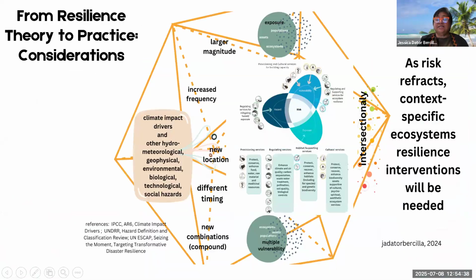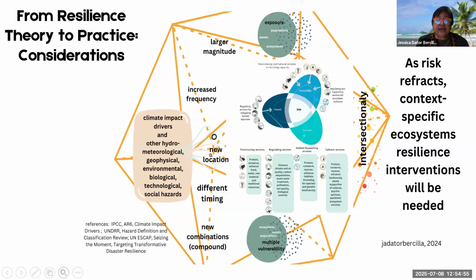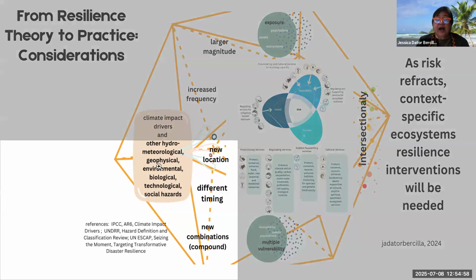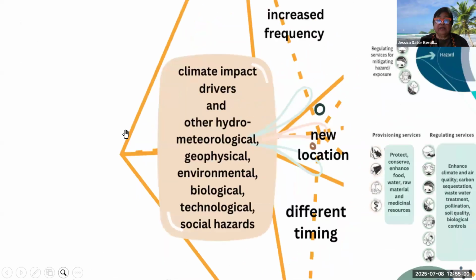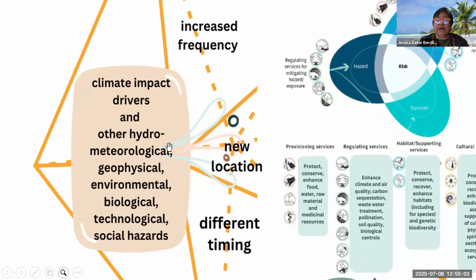And I think this is my final slide. Just some considerations, particularly for cities who are now facing the challenges of climate and disaster risks. The scientific community already says, and this is from the IPCC AR6 report, that we have major climate impact drivers that are compounded, that interact with hydrological, meteorological, geophysical, environmental, biological, technological, and social hazards.